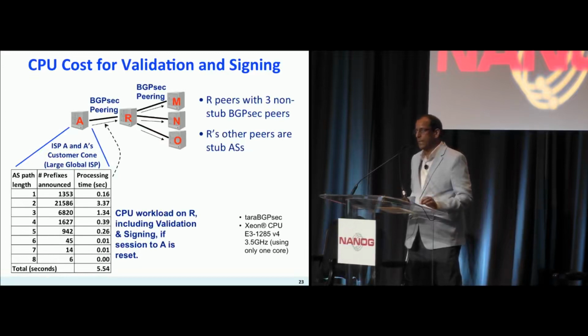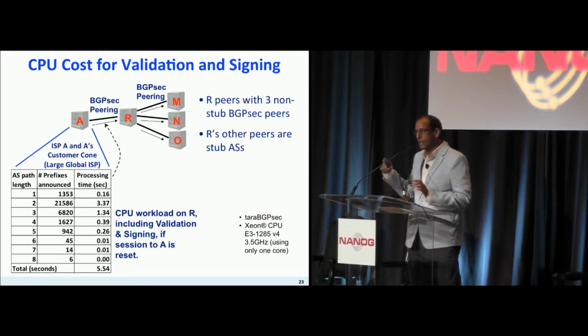So as long as the update originates from within the set of those adjacent ASs, the updates are fully protected with BGPsec signatures.